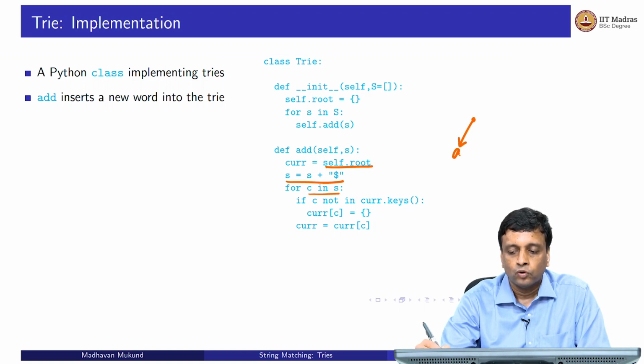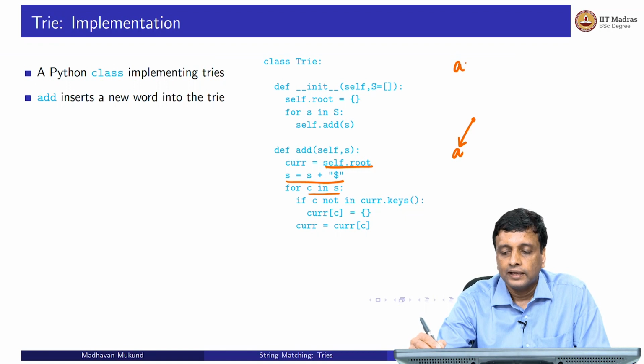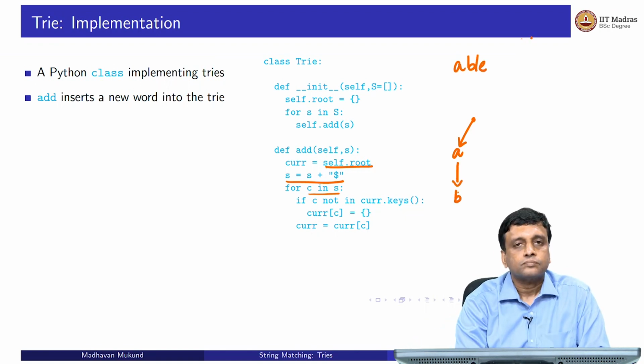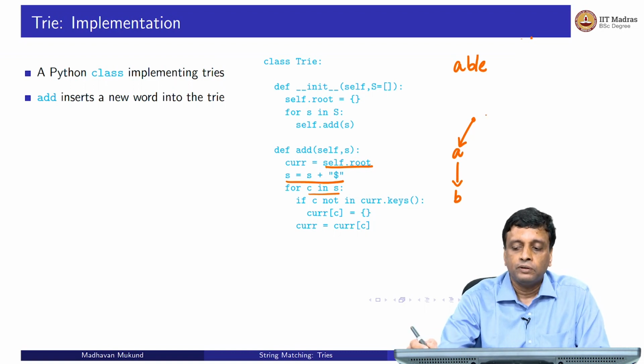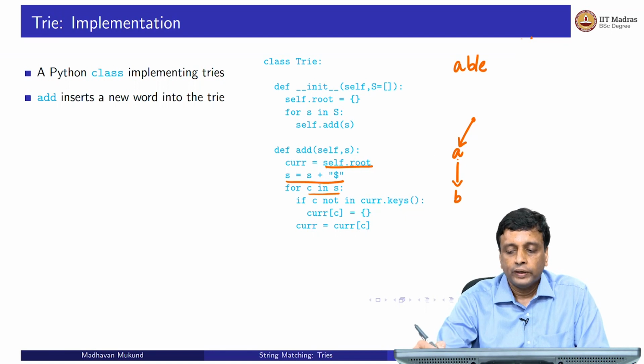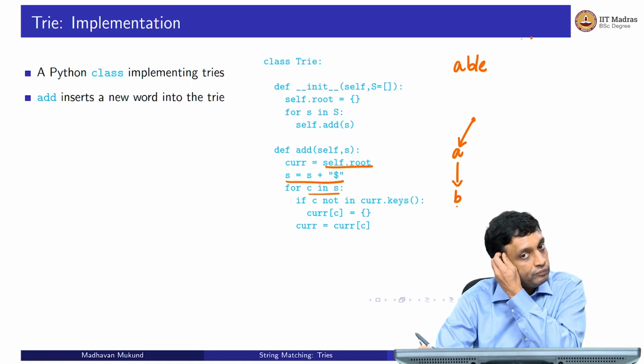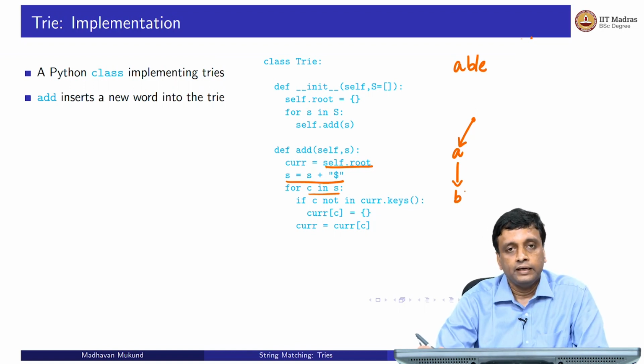So if there is already a node, say my word is able, right? And my tree already had A, B, right? Then what we would do is that we would actually walk down to A, then we will walk to the B key of A and so on, right? And then finally, when we don't have any key, then we will create a new key, right?